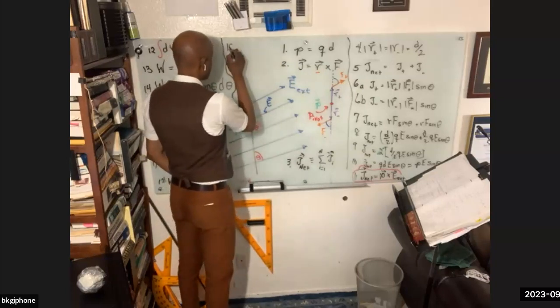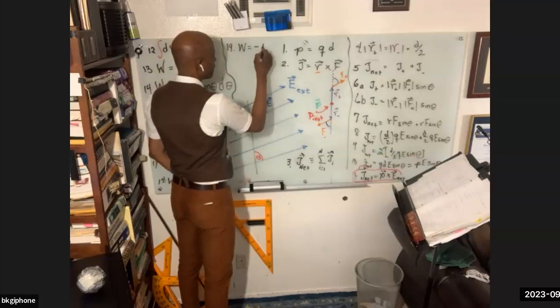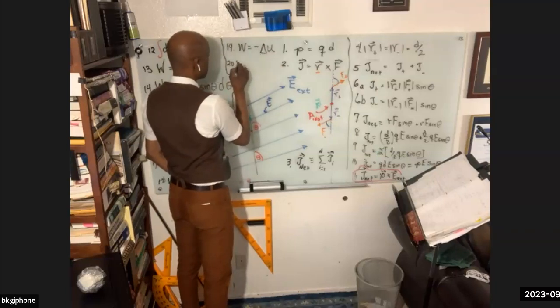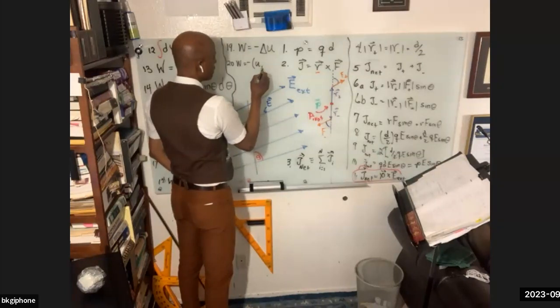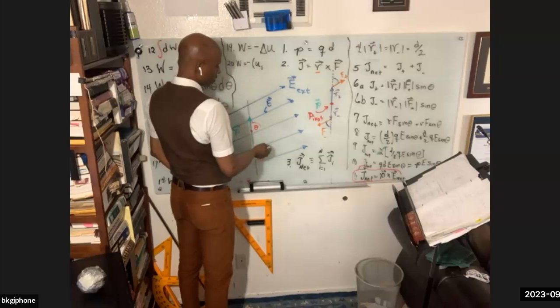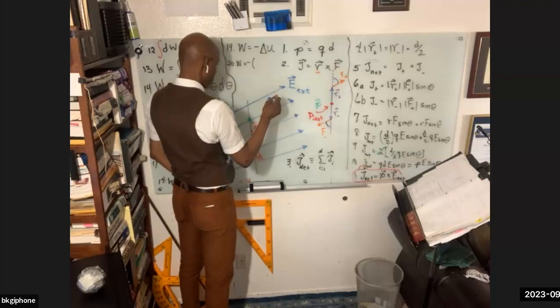The general definition of potential energy from mechanics says that work is equal to the negative of the change in potential energy, where the change in potential energy is defined as final minus initial. So U final, basically, and that's the potential energy at the equilibrium position. So I'm going to use that notation.